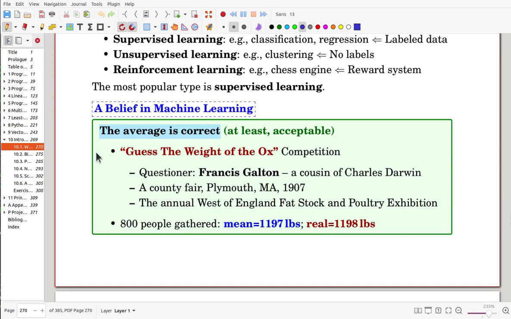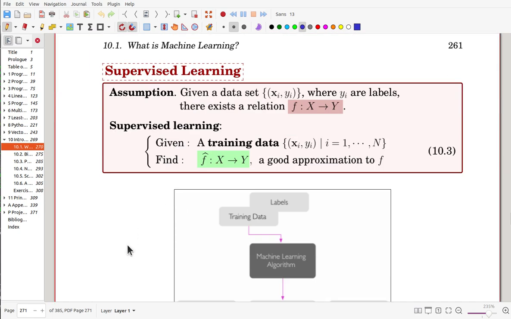So if we are using many data points in the data set, then the average would be correct, or at least acceptable. So under this belief, machine learning algorithms have been developed. Here we have supervised learning. The assumption is that for a given data set, xi, yi, where yi are labels, there exists a relation f from x to y.